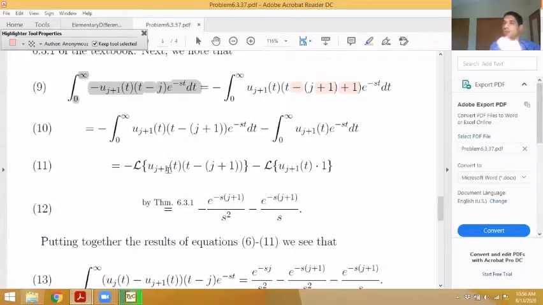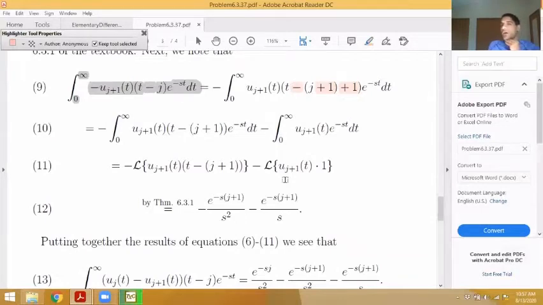I'm using the definition of Laplace transform, but I'm using it backwards. I'm starting from the formula of the Laplace transform, and then I'm going back to just writing the Laplace transform of this function. Negative sign on the outside stays there, and I'm going to do the same thing for this other integral. I'm just going to identify this integral as being a formula for the Laplace transform of the step function u_{j+1}(t).